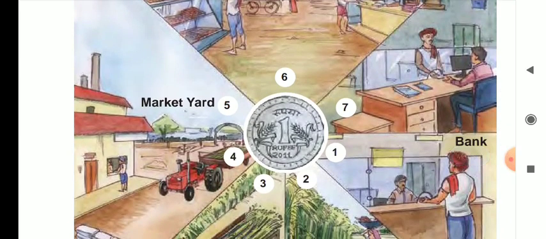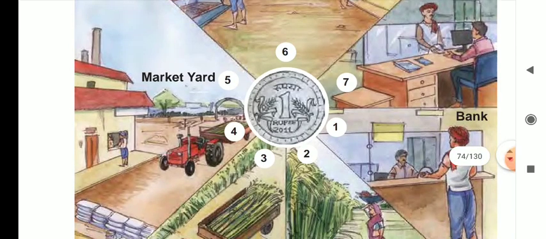Number one, the money that we had taken from the bank is utilized for agriculture. Then the harvest is done and sold in the marketing yard.